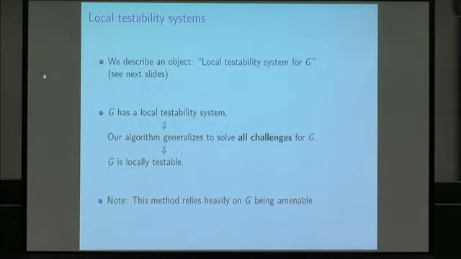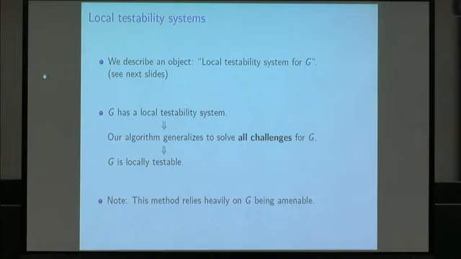So our work, what we did to prove positive results, is to define an object called a local testability system. And the point is as follows. If you can prove that a group has a local testability system, then the algorithm I presented generalizes to solve all challenges for G, not only the Cayley challenges, but all challenges in general.